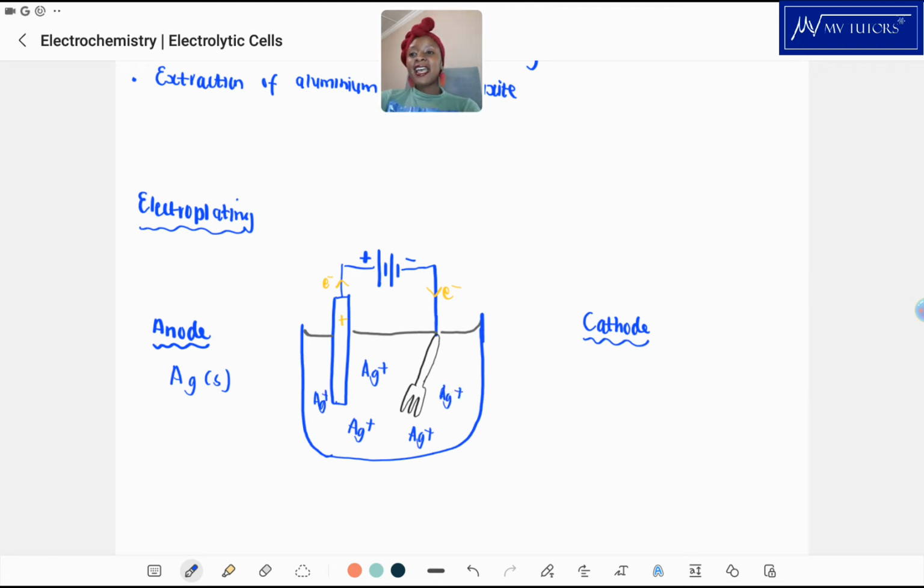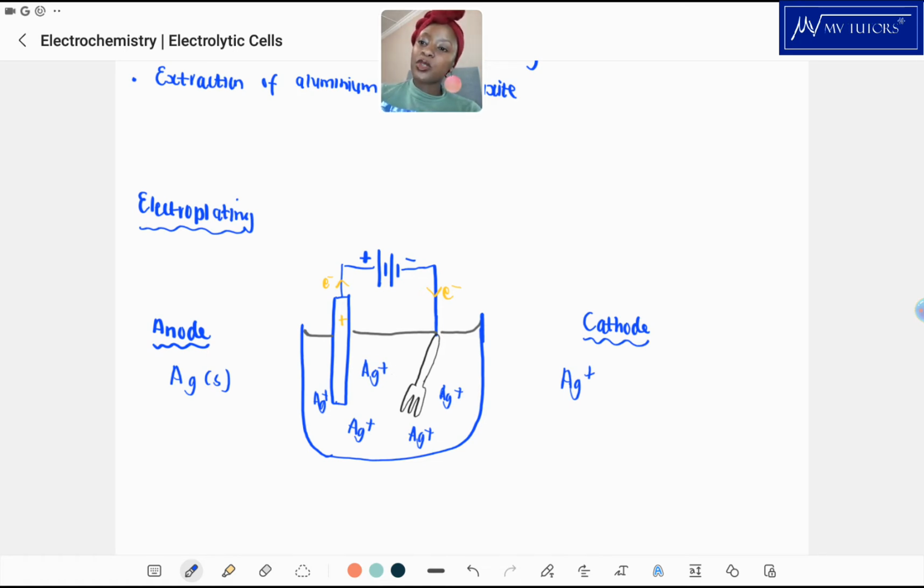As the electrons go over to the cathode, where reduction occurs, at the cathode you have all these silver ions, and they start reducing from ions to the solid.